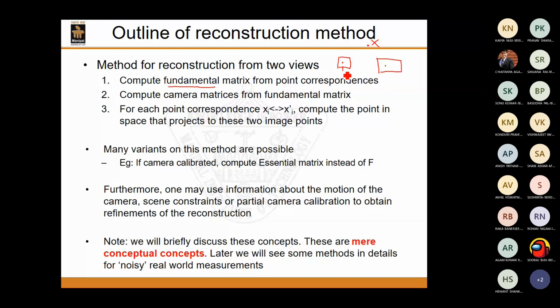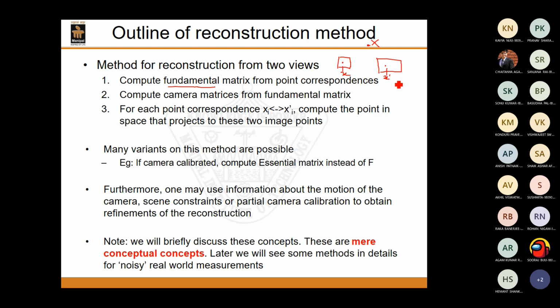Let's say this is the point x and this is x dash. Basically these two image points, x and x dash, both indicate the same 3D point, or they are images of the same 3D point in the scene. So we can call the points x and x dash image correspondence pairs.